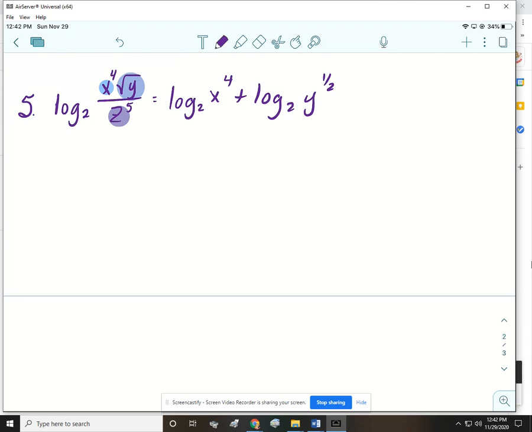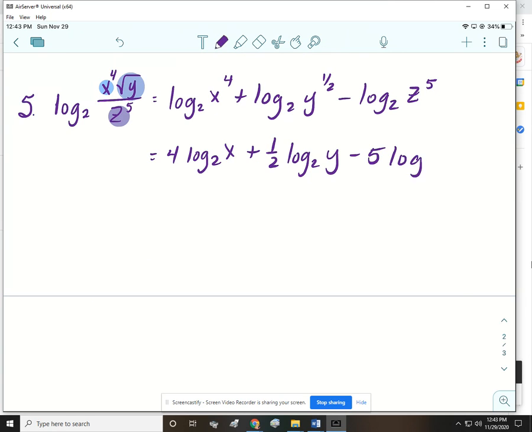All right, and then the z is coming from the denominator, so it's minus log base 2 of z to the 5th. Right, and then all we have left to do is to pull the powers down in the front of that specific logarithm. And that's it.